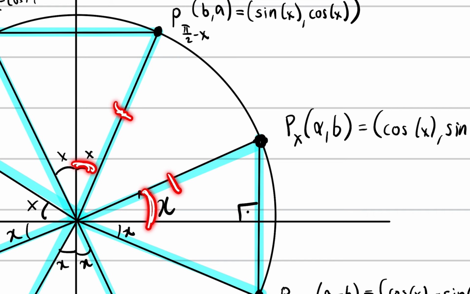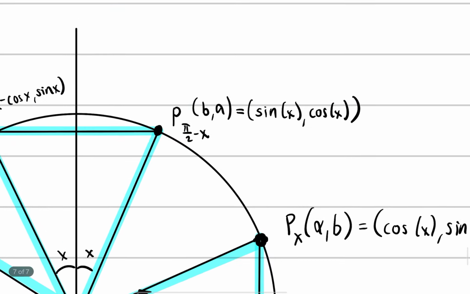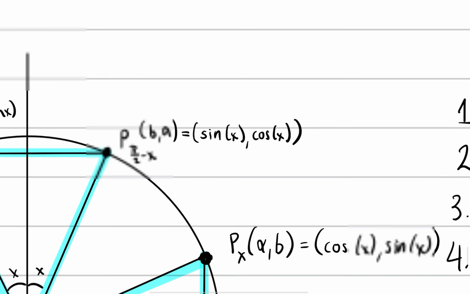So can't we say by the angle-side congruence theorem that these two triangles are congruent? And doesn't that mean that this is equal to this and this is equal to this? Yeah. So this length, which is cosine, is equal to here. In other words, the x-coordinate of this point is the y-coordinate of this point, and the y-coordinate of this point is the x-coordinate of this point. So this point is b comma a, which is sine comma cosine.